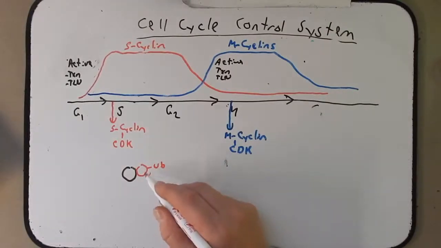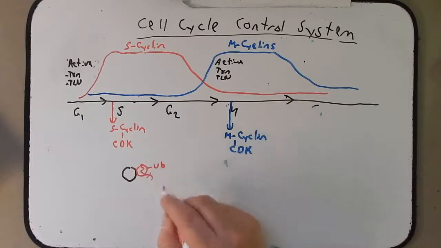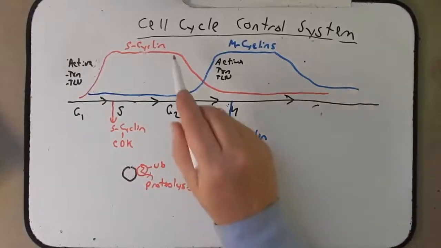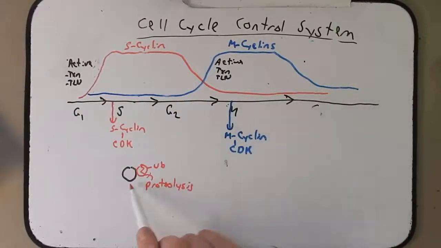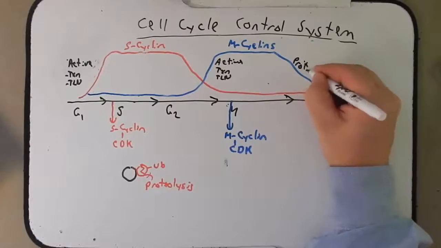Ubiquitinating a protein like S cyclin will cause it to be degraded. It will go through proteolysis and be destroyed. And so S cyclin drops off because it's being proteolyzed, and that then inactivates the CDK. So on this downswing here, we see proteolysis.